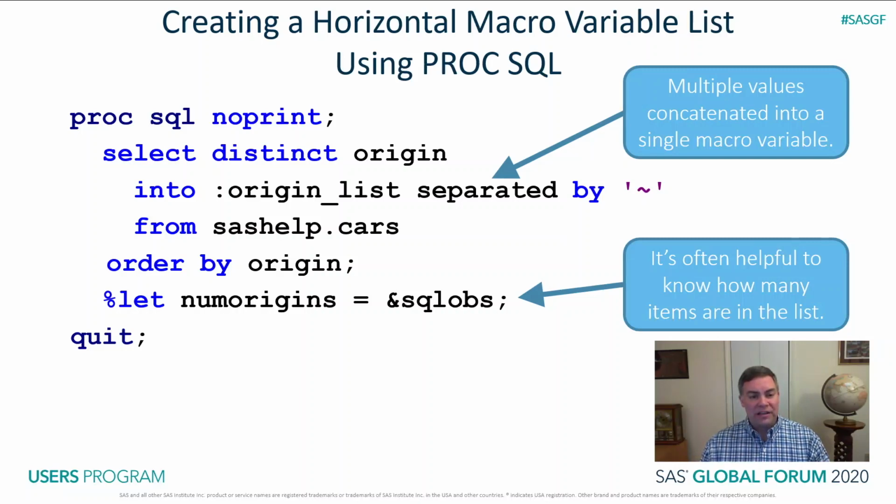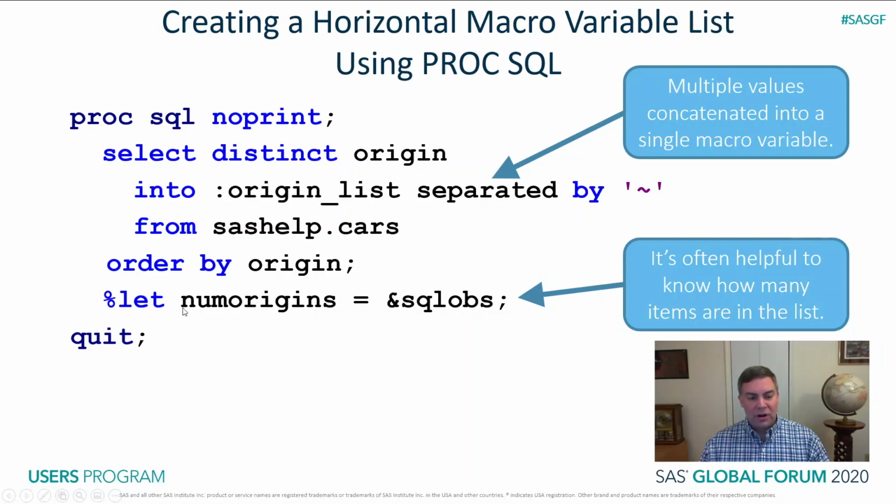Anytime you run a SQL query in PROC SQL, it creates an automatic macro variable called SQLOBS. And that macro variable contains a number representing the number of results that the last query returned. So we can take that value and store it in a macro variable of our own.